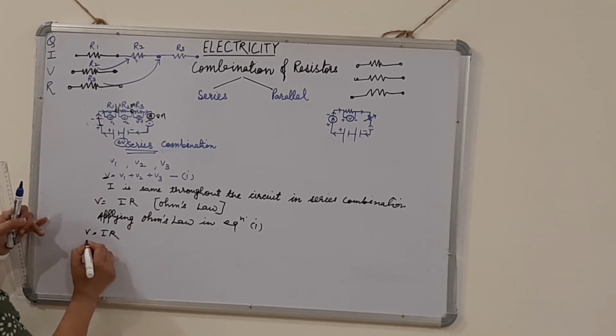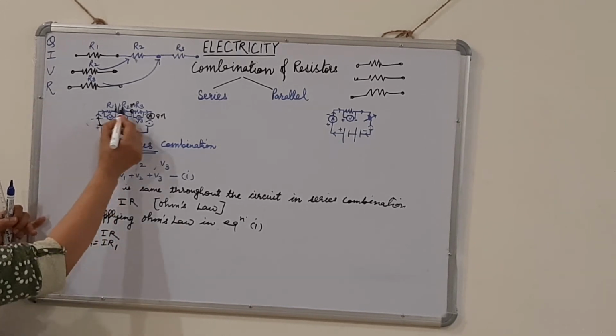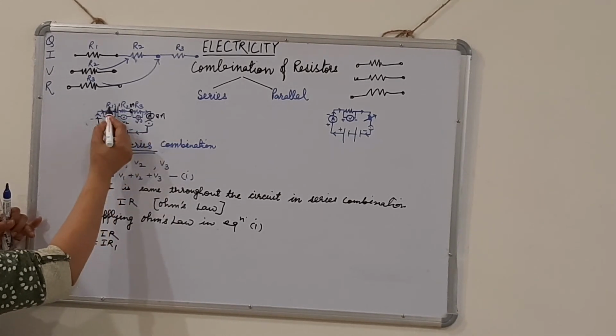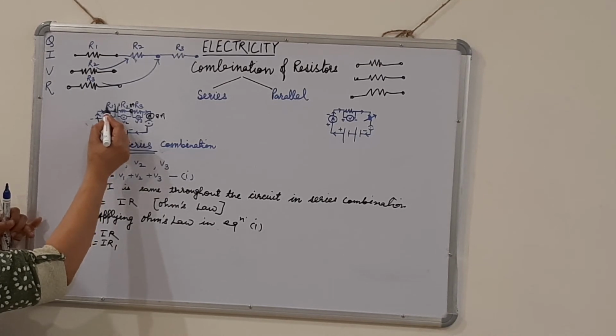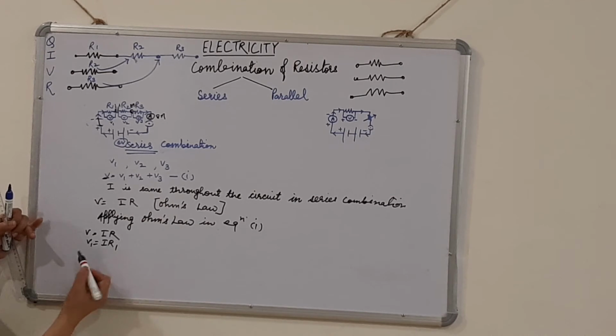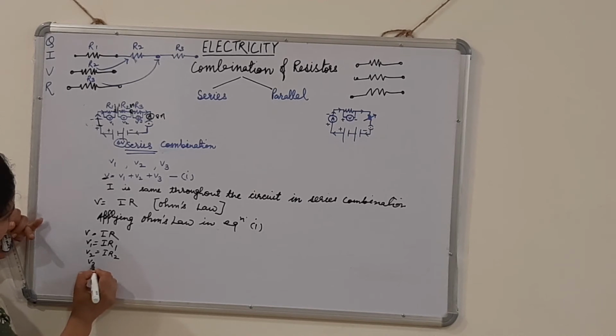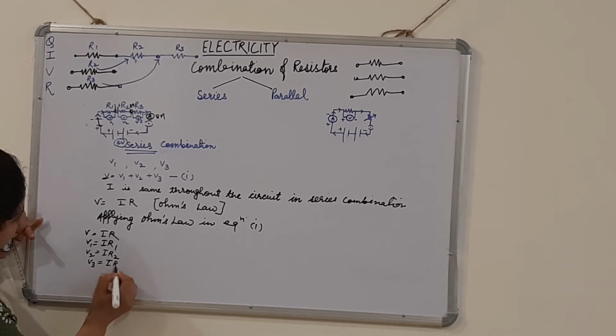Then V1 is equal to IR1, because the current throughout the circuit is the same, but across resistor R1 the potential difference is V1. Similarly, V2 is equal to IR2, and V3 is equal to IR3.